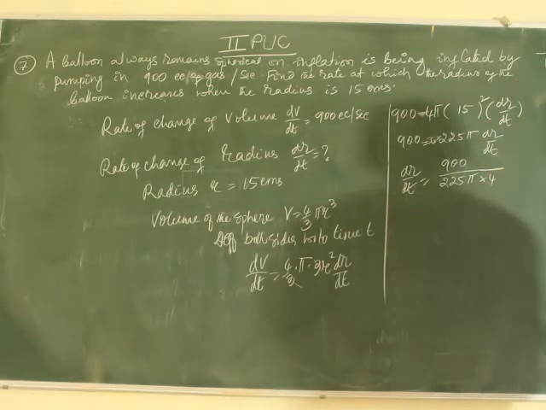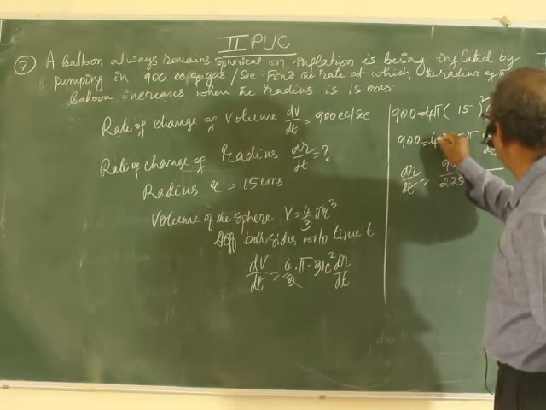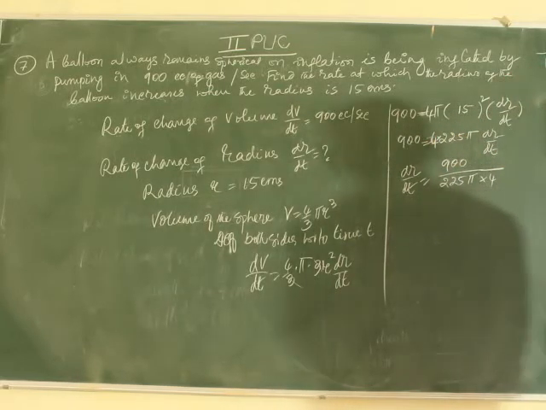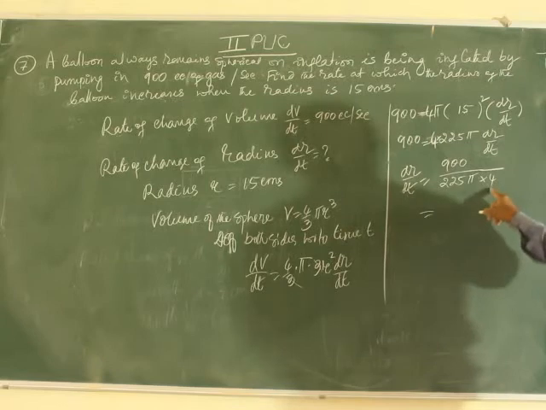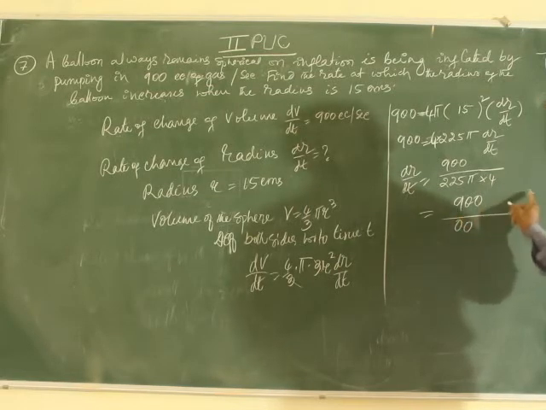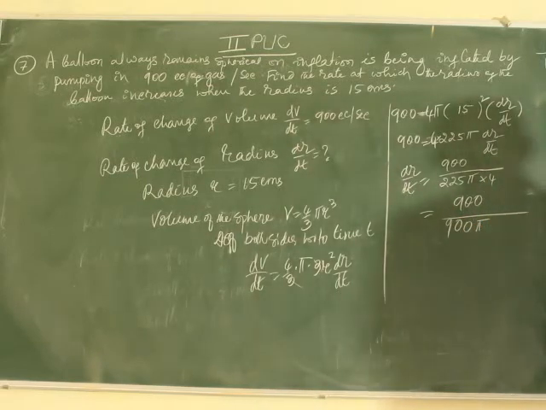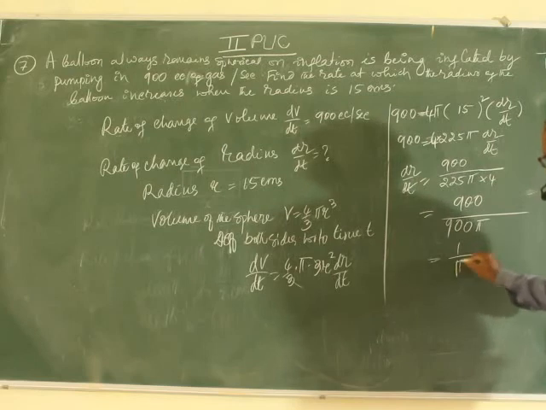Now it is correct. 4 into pi, or it is 900 by. Correct, no? 1 by pi.